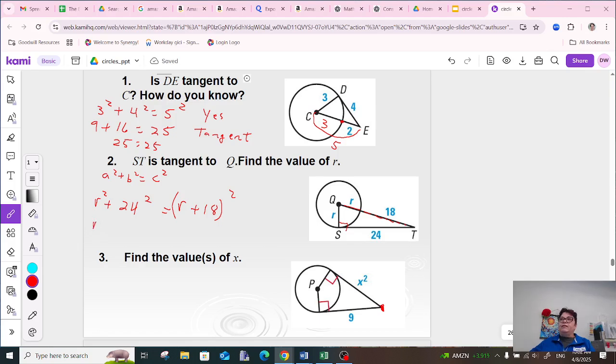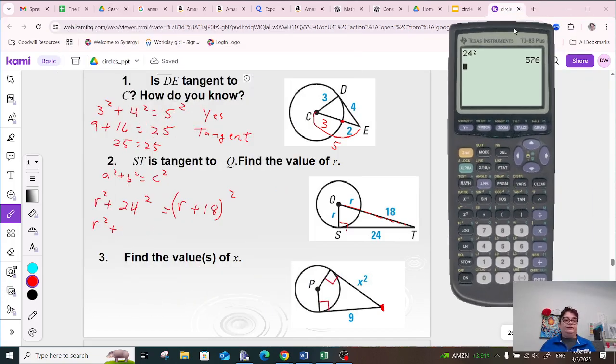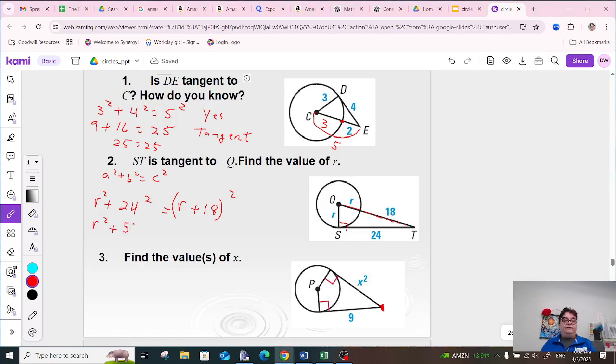So this would be R squared plus, what is 24 squared? 24 squared, 576. And this one you have to do R plus 18 times R plus 18. R times R is R squared plus 18R.